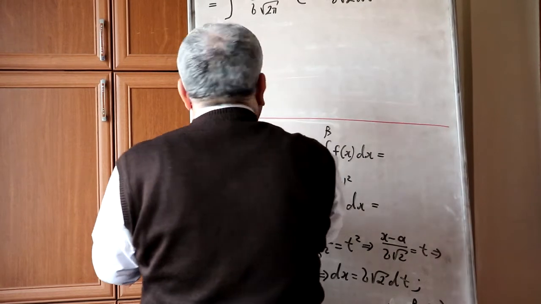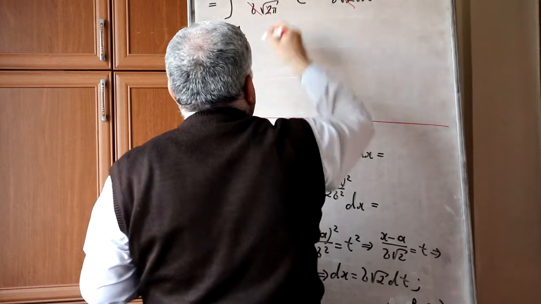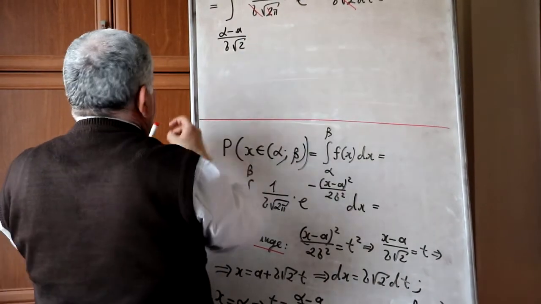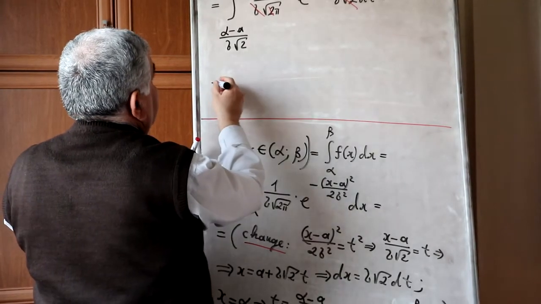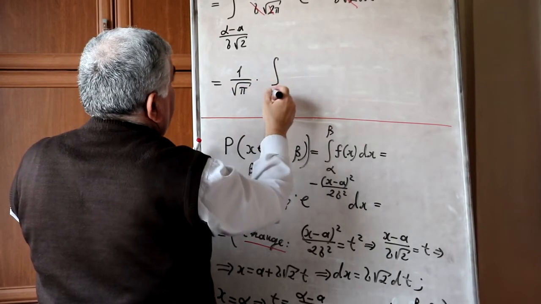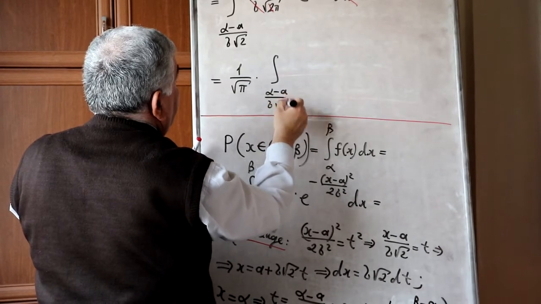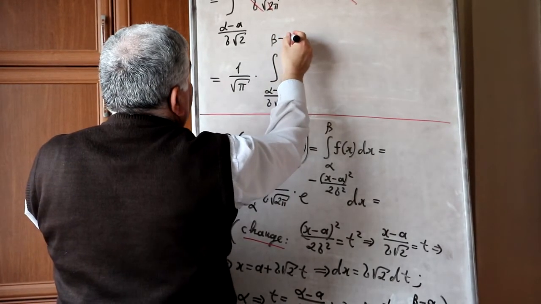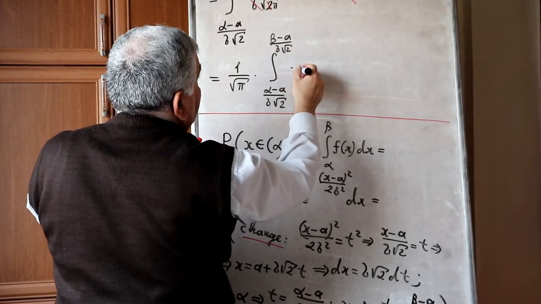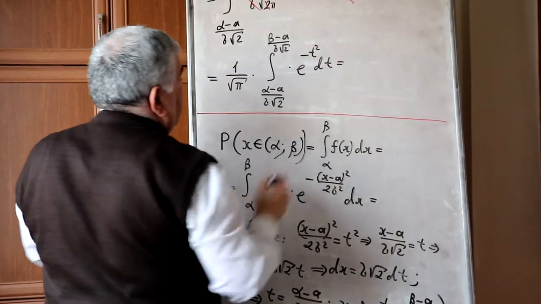Then we can simplify by sigma square root of 2 and take 1 over square root of pi out of the integral sign: 1 over square root of pi multiplied by the integral from alpha minus a over sigma square root of 2 to beta minus a over sigma square root of 2 of e to minus t squared dt equals.